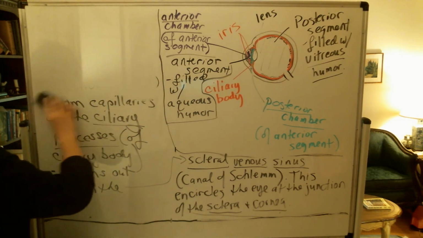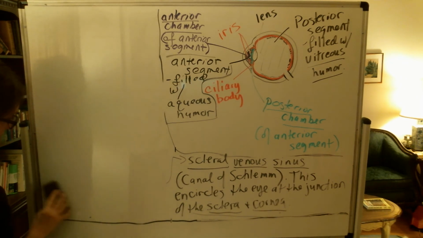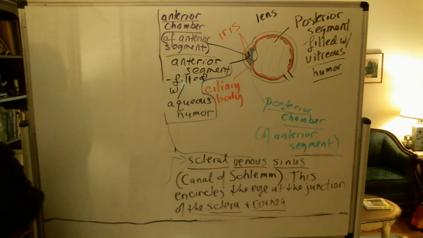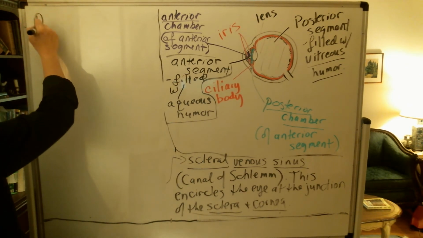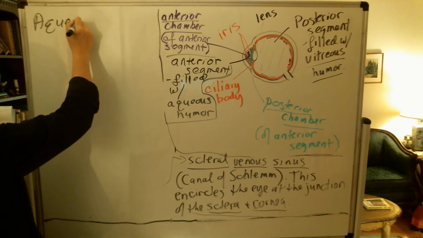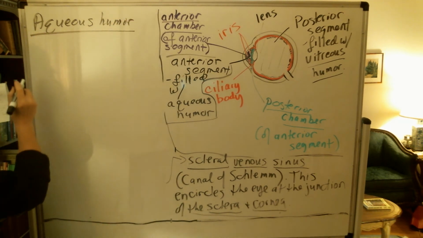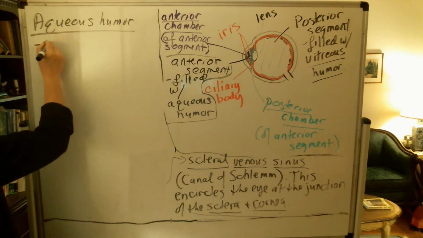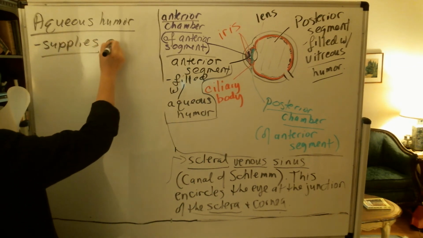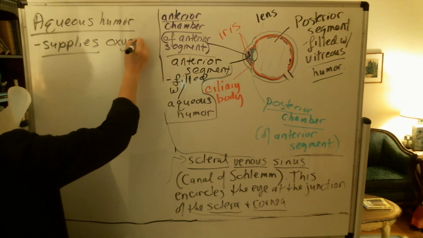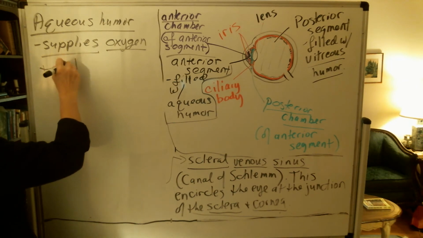So why do we have this fluid constantly being made and drained? What is going on with all of that making and draining? What's going on is that the aqueous humor supplies oxygen and nutrients.